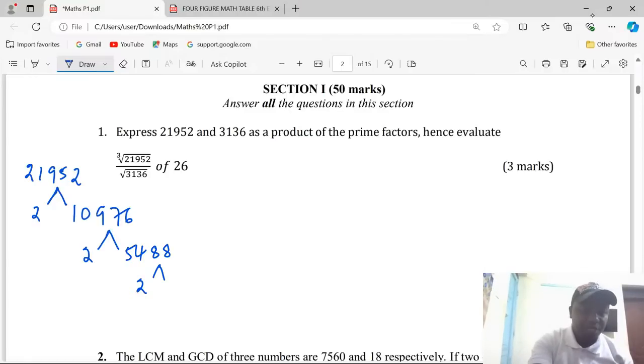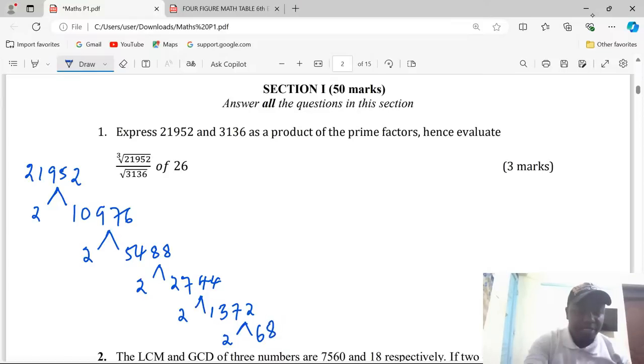This gives us 2,744. We divide again by 2. This gives us 1,372. We divide again by 2. This gives us 686. We divide again by 2.